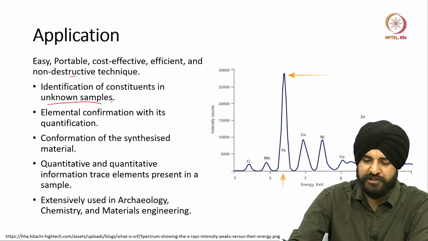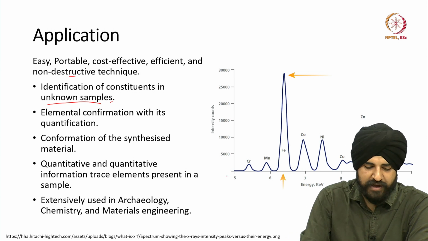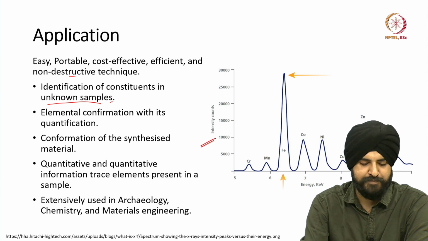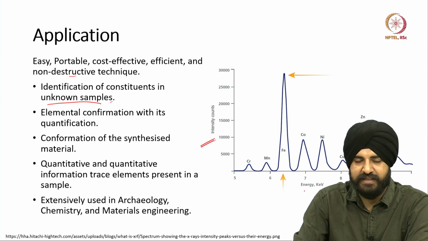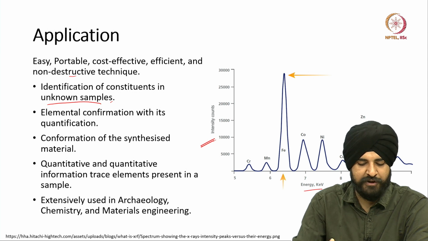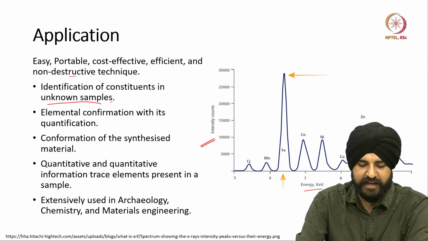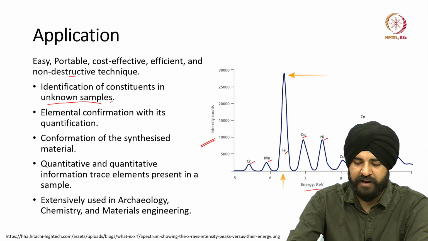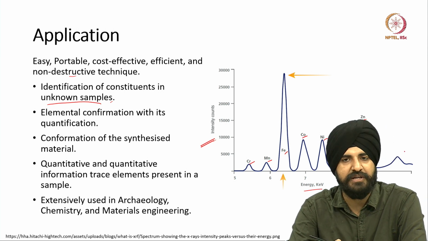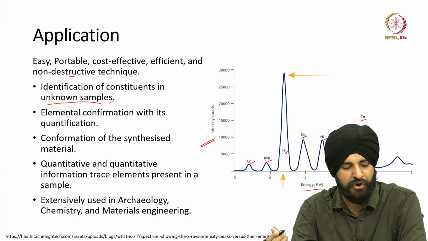Let us talk about an example here. Here is the typical spectrum of XRF, where we have intensity versus energy peaks. Suppose we have this unknown material and we run it through the XRF, and we get the typical XRF peaks, the typical secondary fluorescence of all these materials. It gives us the confirmation whether all the materials are present or not.